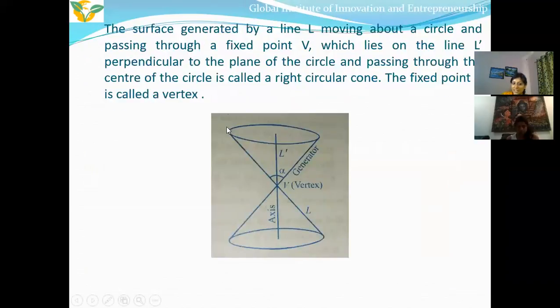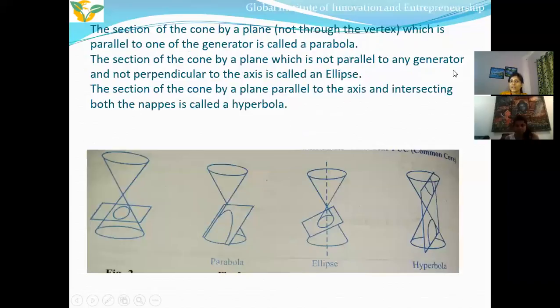We can easily say that it is the line L through which the cone has been generated. That is called a generator. When the cone is cut by a plane that is parallel to the generator, then it gives the shape of a parabola.